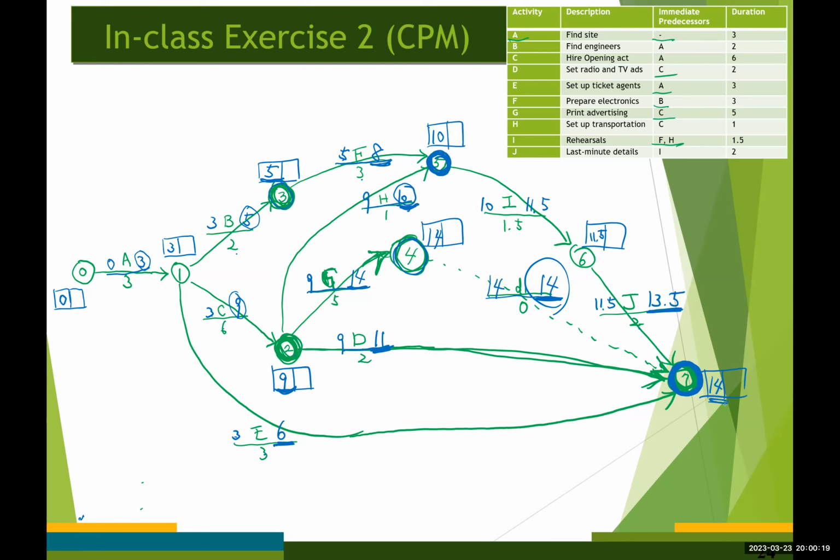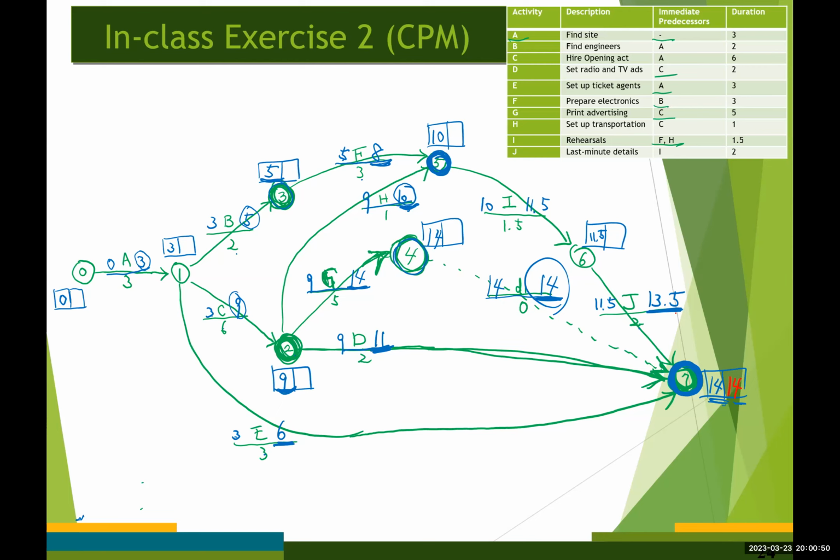So we know that the latest time for event number 7 is going to be 14. Okay, so I'm gonna use a different color. So I have 14 down here. Now we're gonna do the backward computation.